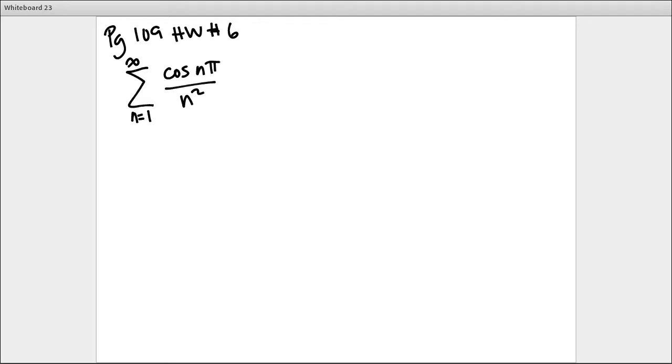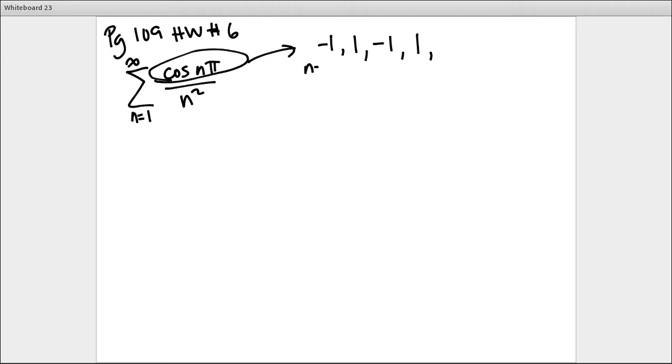So what you want to do is start checking these guys out, because normal cosine oscillates, right? It goes positive 1 and negative 1, like with powers of pi. So when n is 1, you'll have cosine of pi, which is a negative 1, and then the next one would be 2 pi, which would be positive 1, and then negative 1, and then positive 1, right?